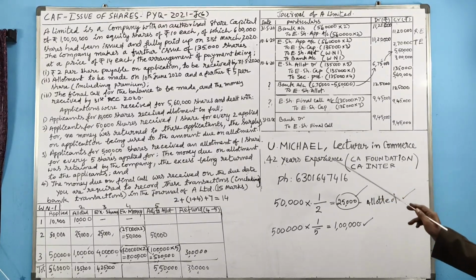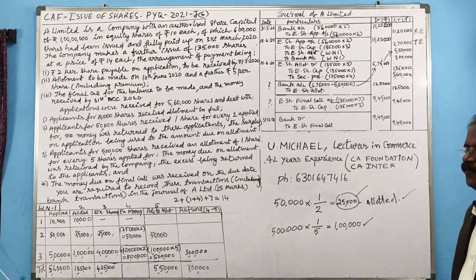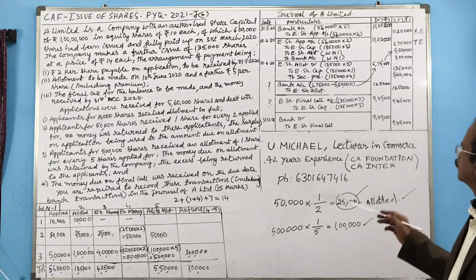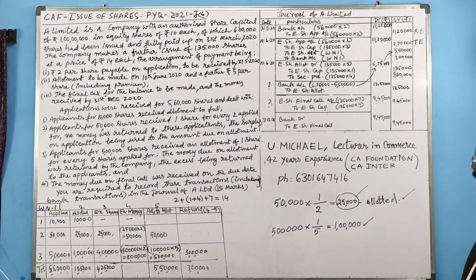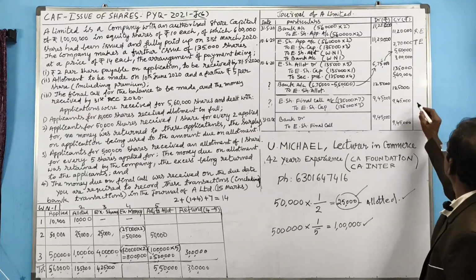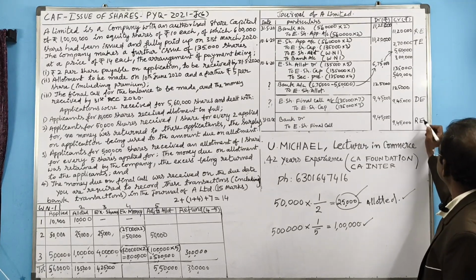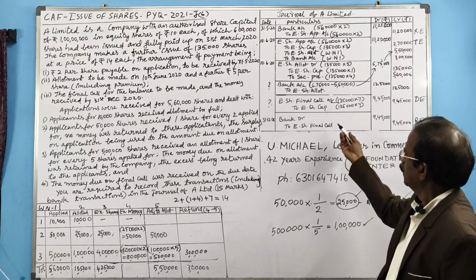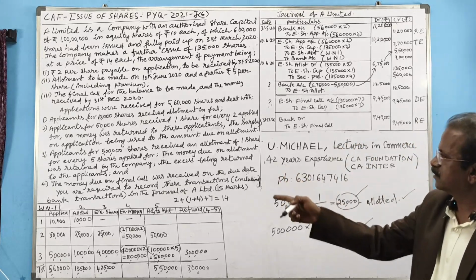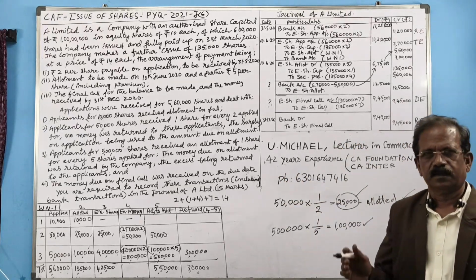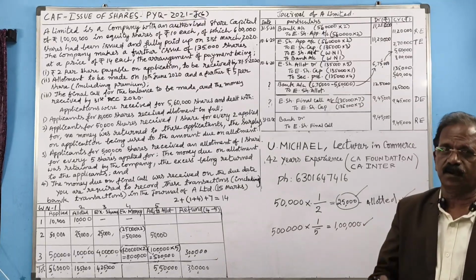Same amount. And after some time, we receive the amount. This is the due entry. This is the receipt entry. Is there any pending amount in this question? No pending. We are receiving the entire final call money.